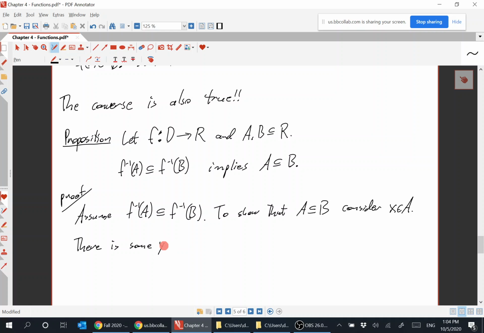There is some y in the preimage of A, so by definition, there is some y in the preimage of A such that what? f of y equals x.